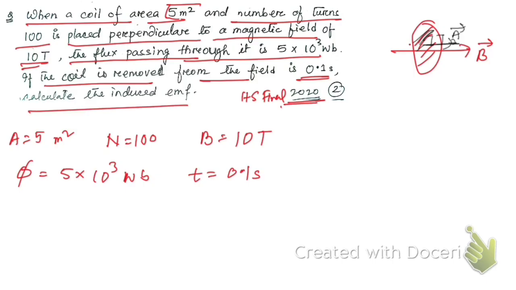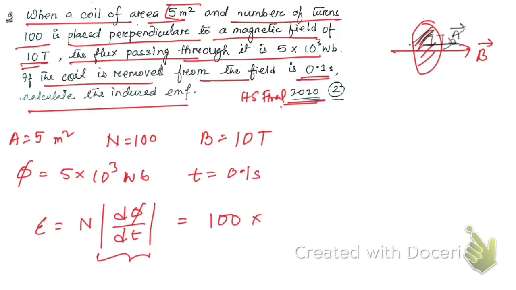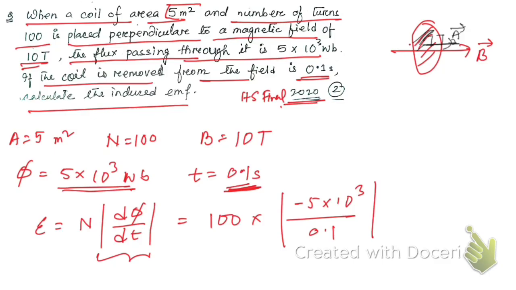That's very simple. The induced EMF is equal to the number of turns, capital N, times the rate of change of flux. When the coil is removed in 0.1 second, the flux changes to 0 in 0.1 second. So the rate of change of flux d phi by dt is 0 minus 5 into 10 to the power 3, divided by 0.1. As we have a modulus here, we consider only the numerical value, not the negative sign.